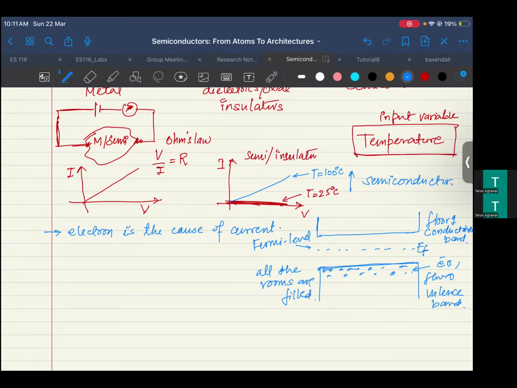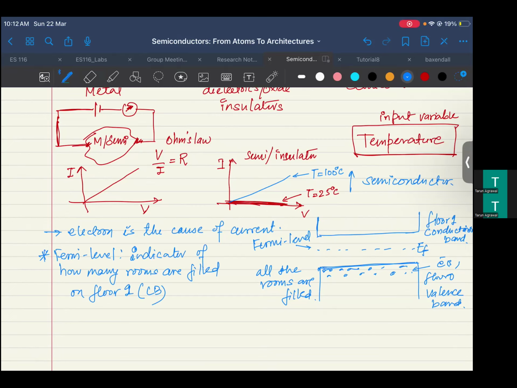So the Fermi level is an indicator of how many rooms are filled on floor 1. Floor 1 is your conduction band.